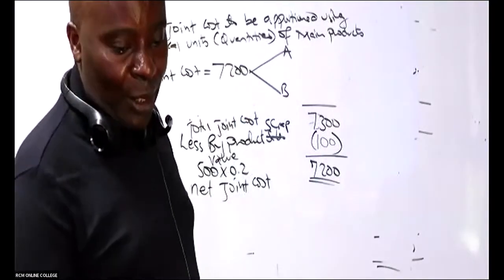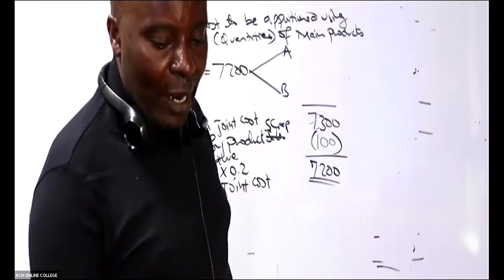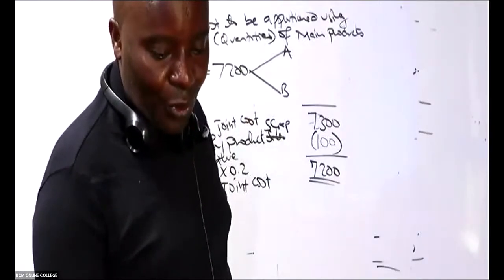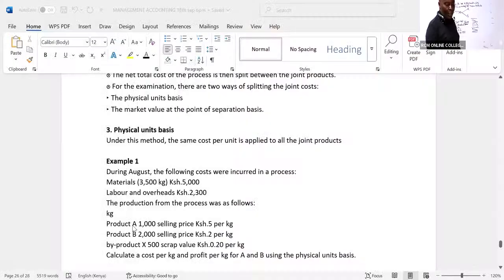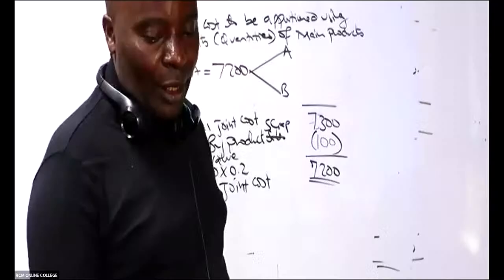Do we have the physical units of these two main products? Yes. On the physical units basis, product A is 1,000 kilograms and B is 2,000 kilograms.